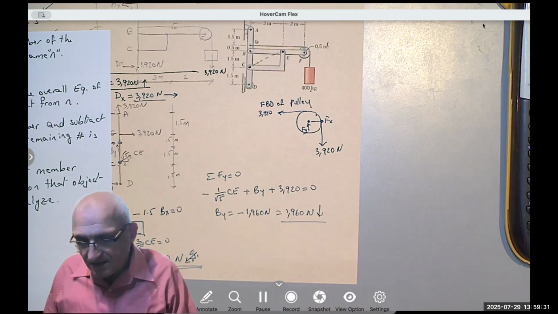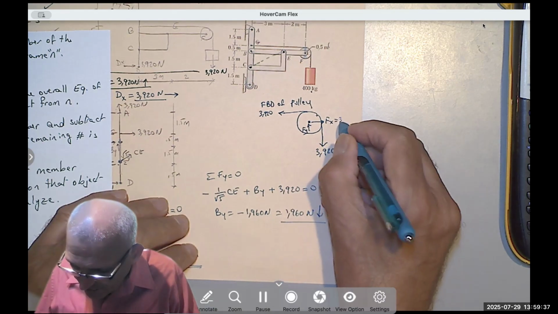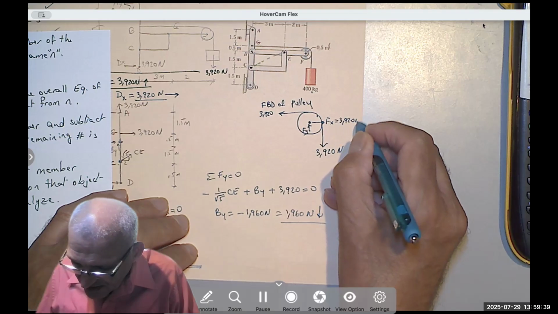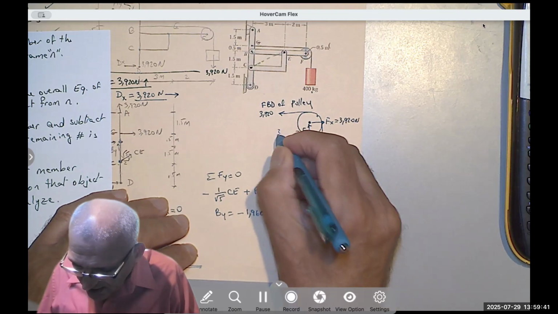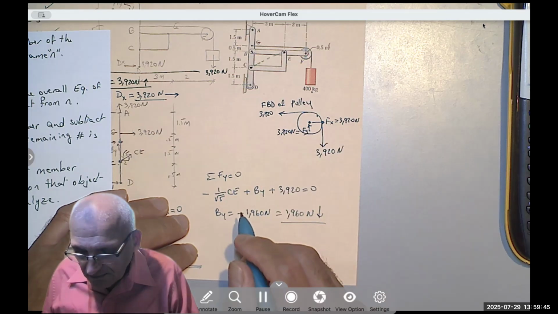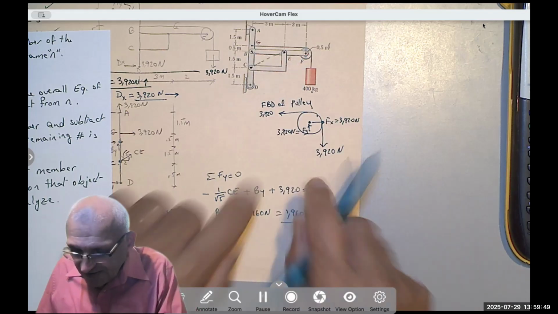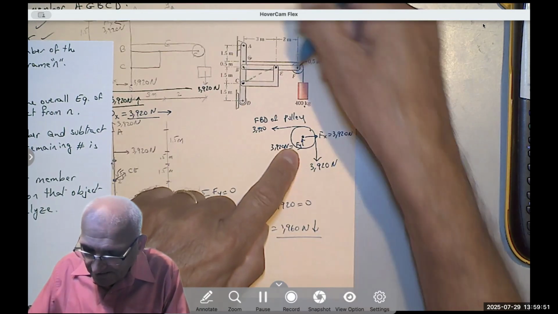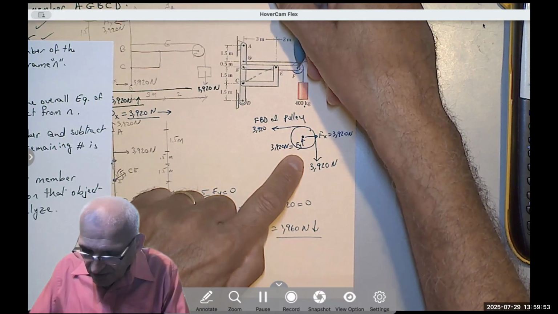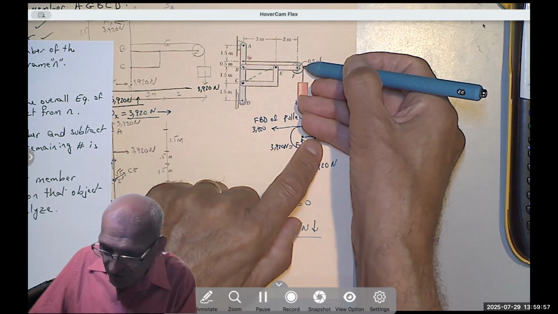These are the loads acting on the pulley. So Fx here is 3920 from summation of the force in the x equals 0, and this one is 3920, like that. If you are analyzing member BEF, you would invert these two and you say Fy is going down 3920 and Fx is going to the left 3920.